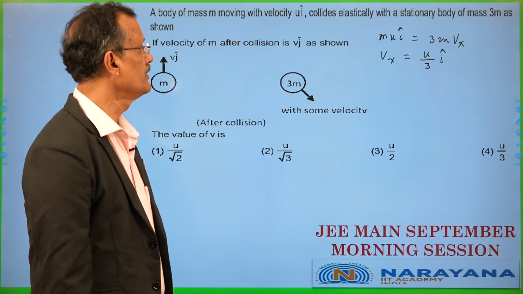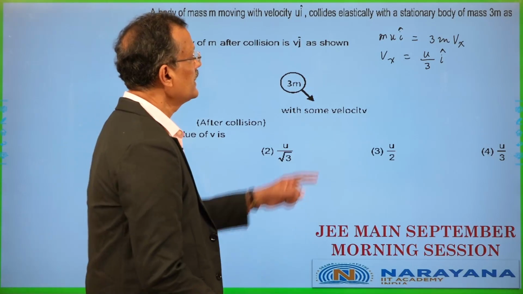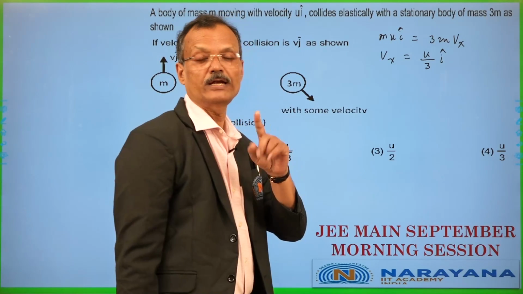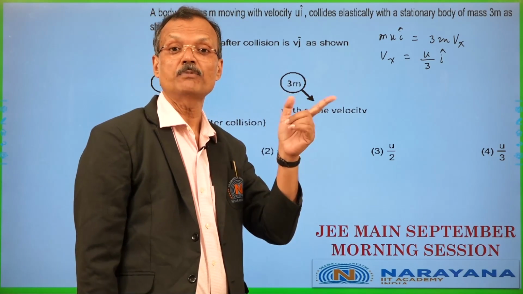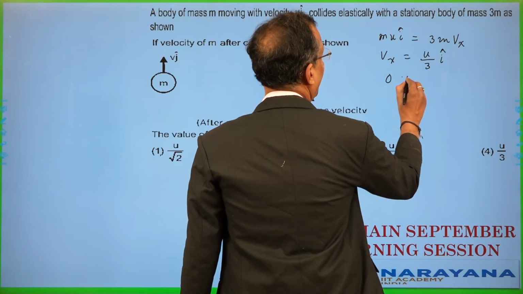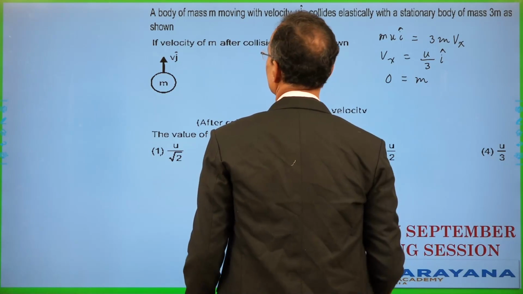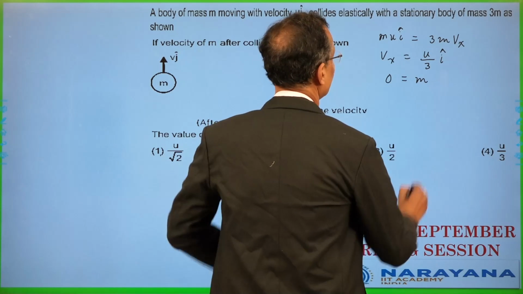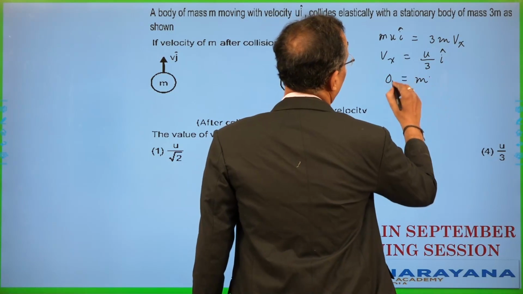Now, I will go for Vy. It does not have any component along the y direction initially and the second body is at rest, so this is 0. Now it is m, the y component they have given you is vj.